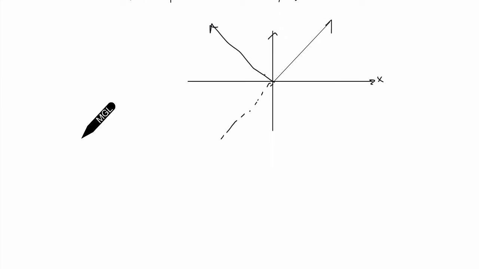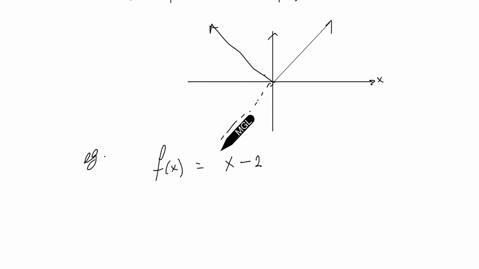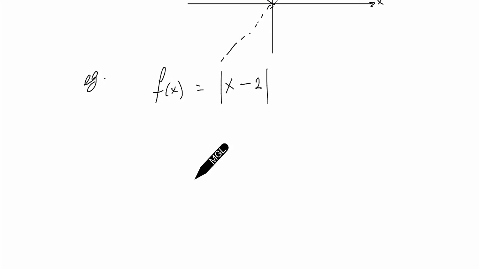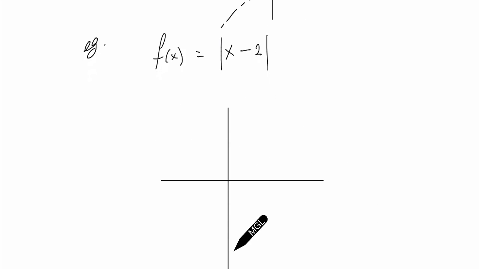Okay, so let's do another example. What if the function is the absolute value of x minus 2? Again, let's just draw y equals x minus 2. y equals x minus 2 looks like this. It has a y-intercept at -2, like that.